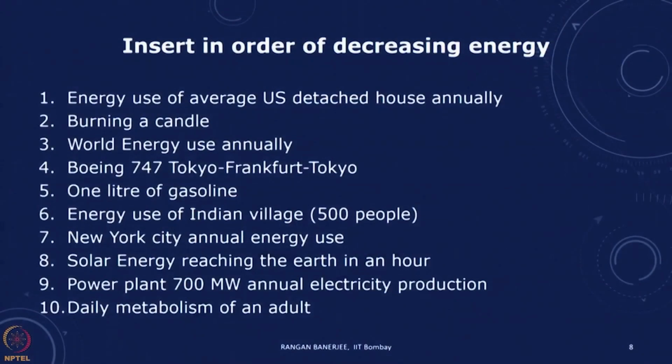The different items that we have put: energy use of an average US detached house, burning a candle, the world energy use annually, the Boeing 747 going from Tokyo to Frankfurt and back to Tokyo, 1 liter of gasoline or petrol, energy use of an Indian village typically of 500 people, New York City annual energy use, solar energy reaching the earth in an hour, a power plant of 700 megawatt annual electricity production, and the daily metabolism of an adult.